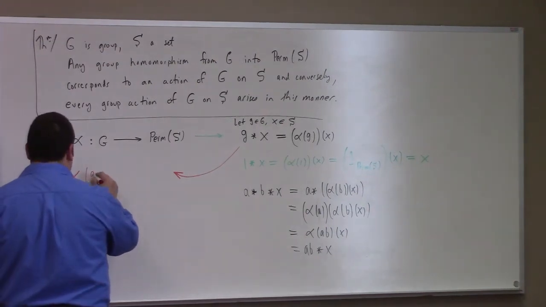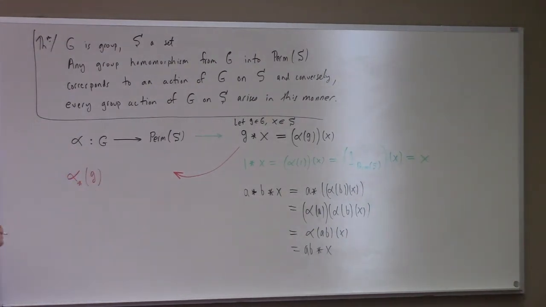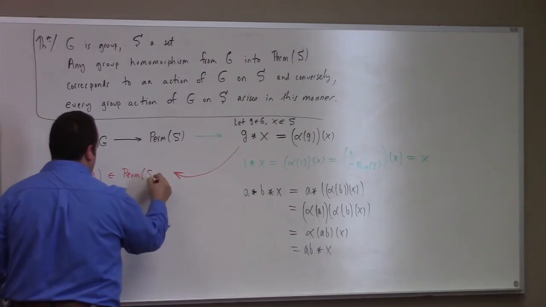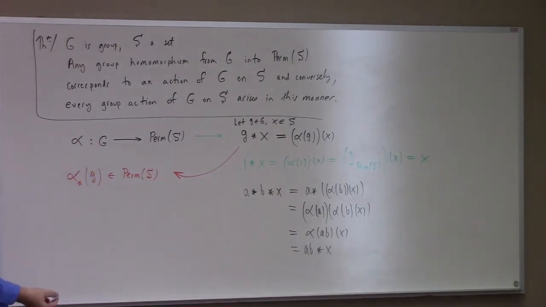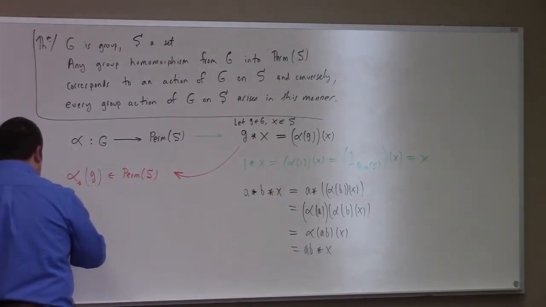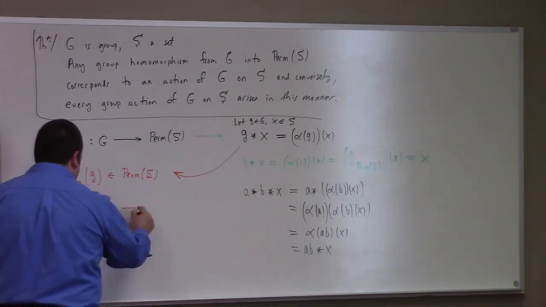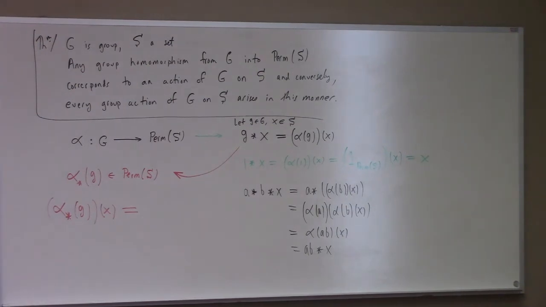I got to feed it a G, right? And then I need to define, that's going to be an element of the permutations on S, right? So to define that, what do I have to tell you? I have to tell you how alpha star G acts on something in S, right? And I think once you understand that, there's really only one thing you can write, right? Yeah, of course, there's more to do.